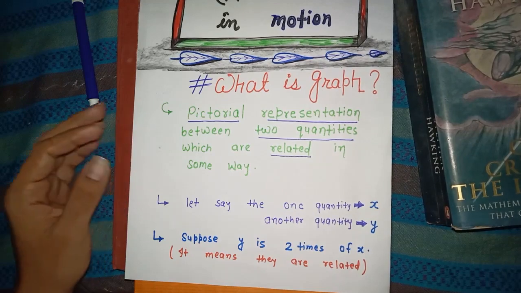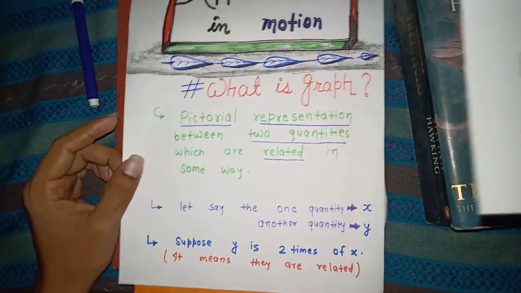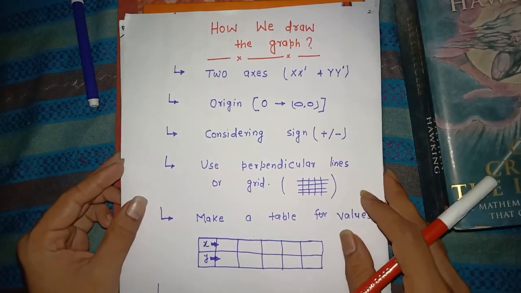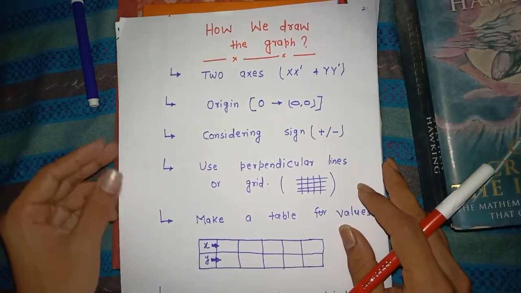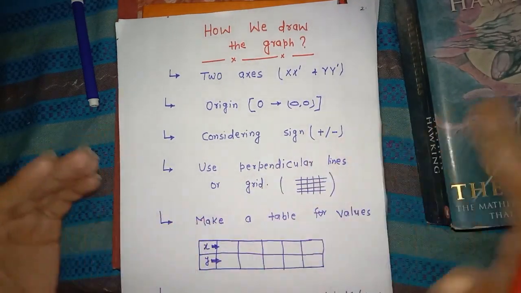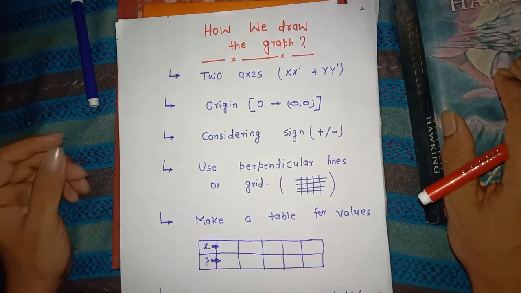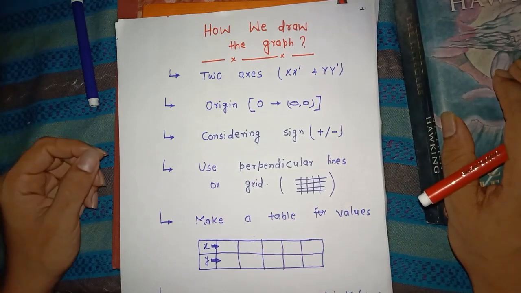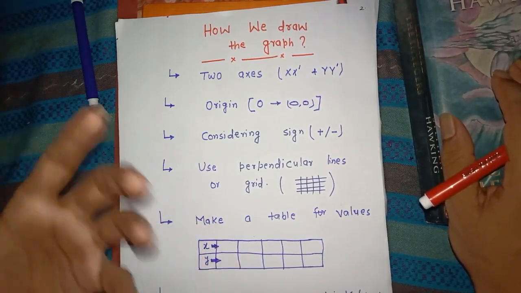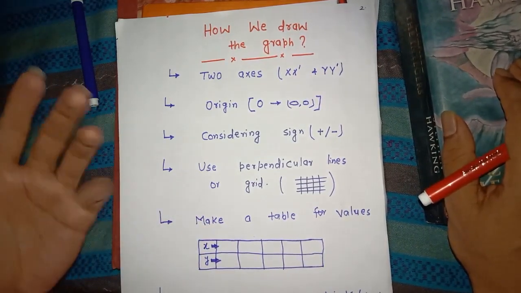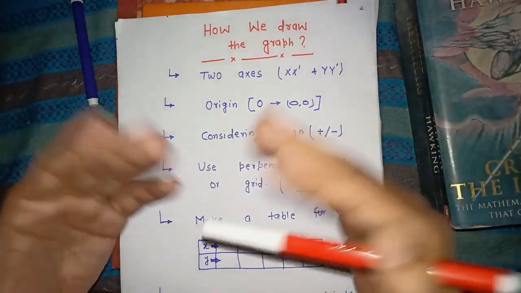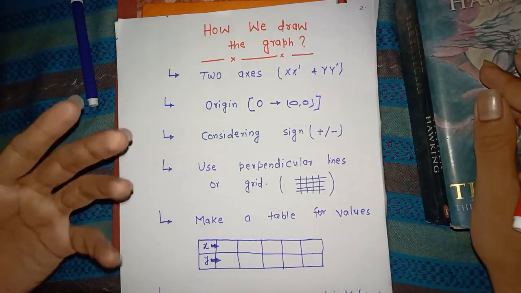It is very simple. You have already learnt about these things in your previous class, in coordinate geometry, that you have to take two axes, let's say x dash and y dash, and the intersection point of the two axes is called the origin, represented by capital O, and its coordinate is 0, 0.